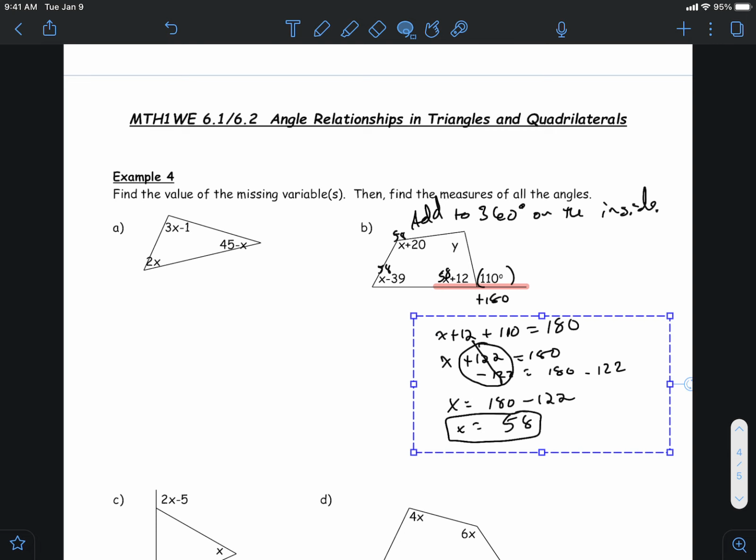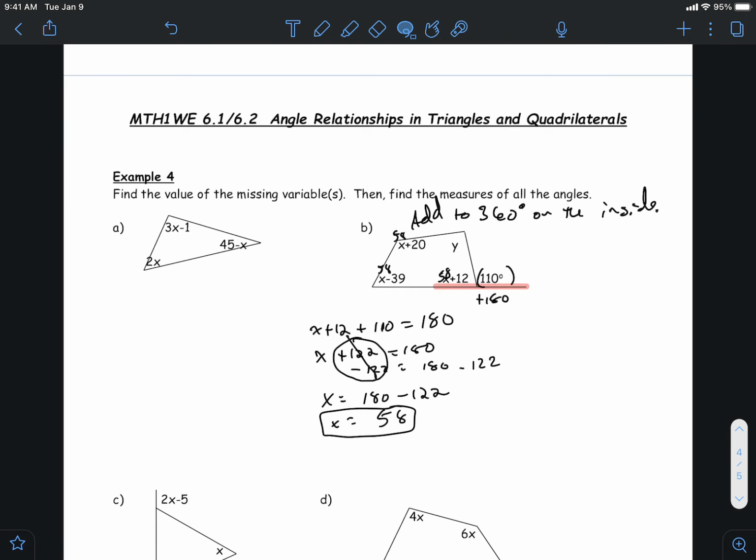So here's maybe what you might choose to do as well. Like maybe I got multiple steps here, so I'm gonna move this over. Okay. We know the quadrilateral. We already established this has to add to 360 on the inside.